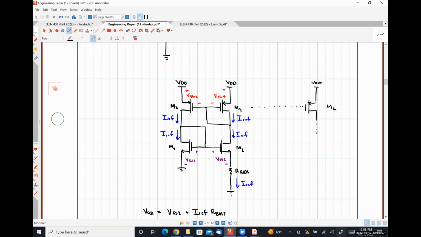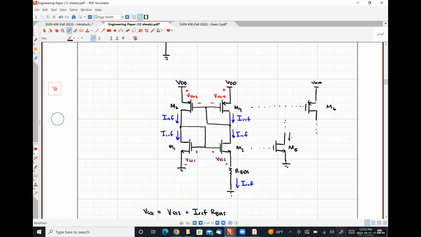This can serve as the reference current for other PMOS current sources, and the gate of M2 can be tied to the gate of other NMOS devices. So here's M5. It can serve as the reference current for other NMOS devices, right?